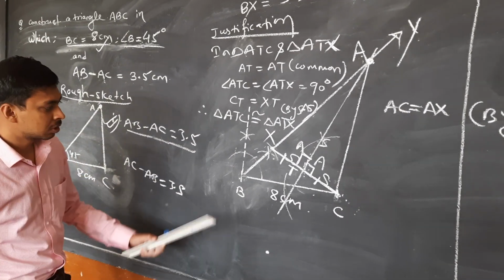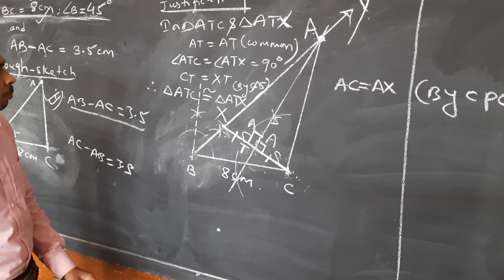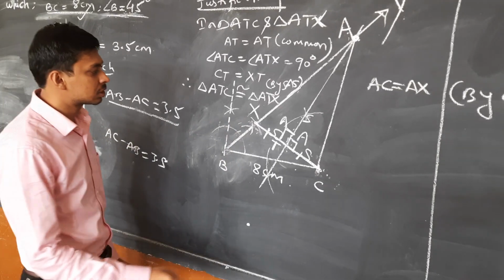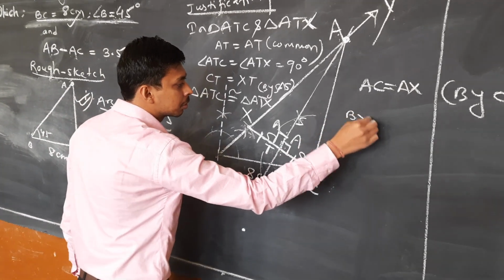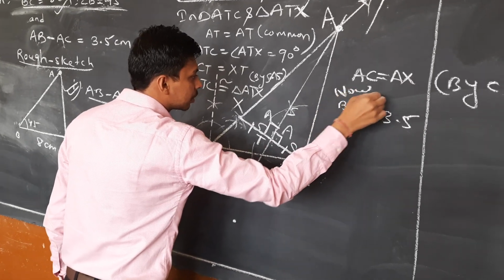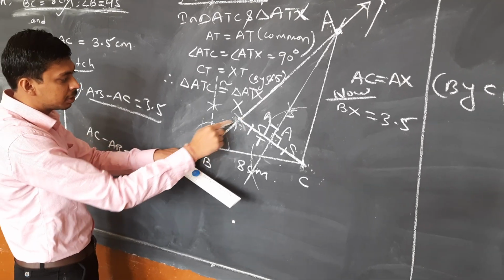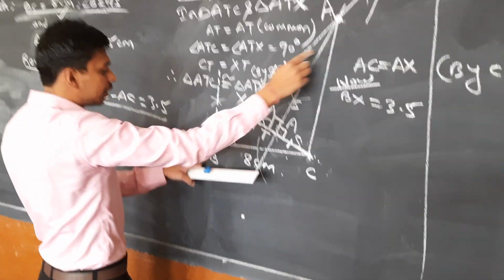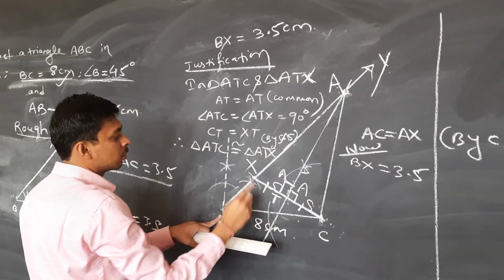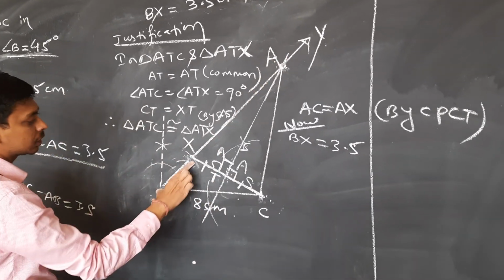Okay. Now see, what was this BX length? This was 3.5. We have taken the arc of 3.5. So BX is 3.5. Now BX could be written as this entire length AB minus AX. From this entire length, if you subtract this, you will get this BX.